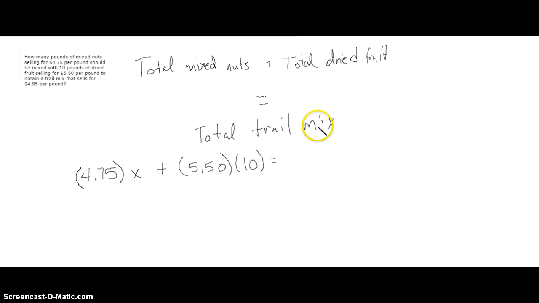Now, to get the total price of the trail mix, which is $4.95 per pound, times the number of pounds. And in this case, the number of pounds is going to be the 10 pounds of fruit we put in plus the mysterious amount of dried nuts we put in.